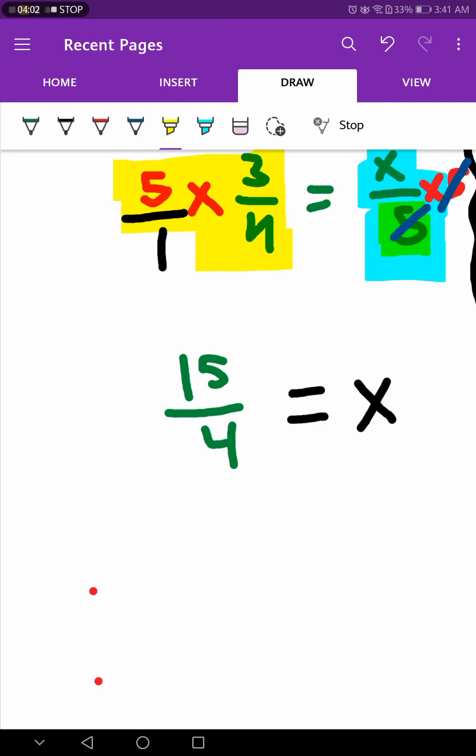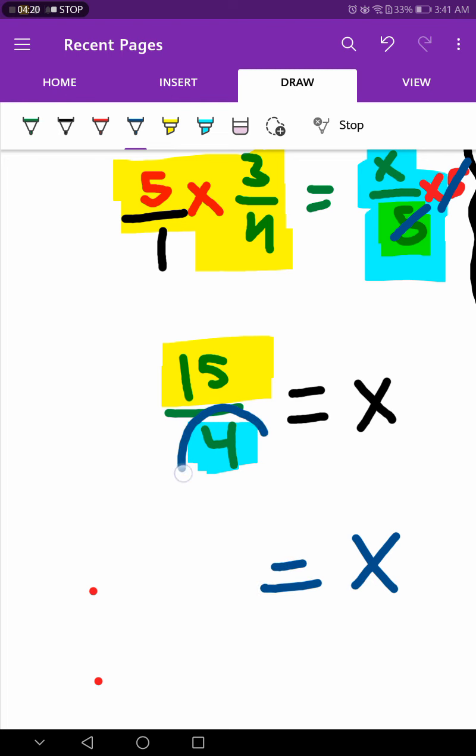All of my dear students know that this is an improper fraction, because the number up is bigger than the number down. They can also write it as a mixed number by asking one question: how many 4s in 15? 4, 8, 12, 16, no, remove the 16, so it is 3 times, so it is 3.